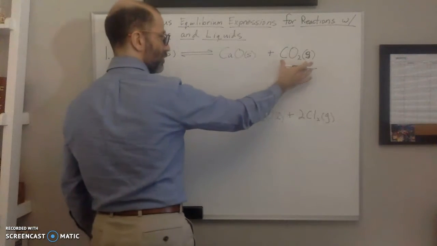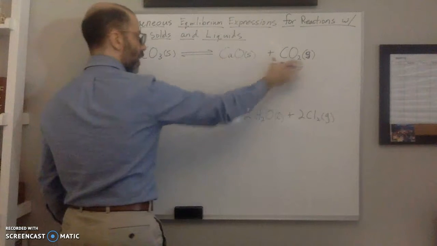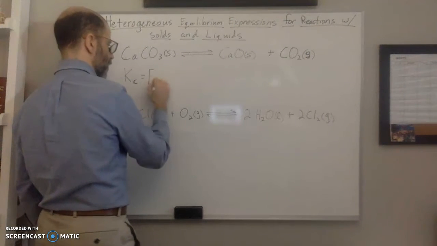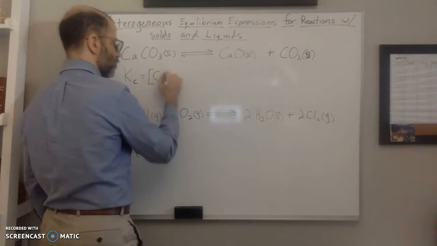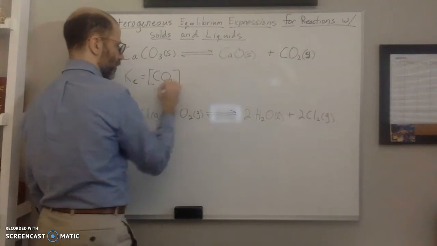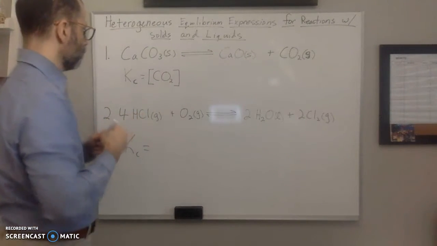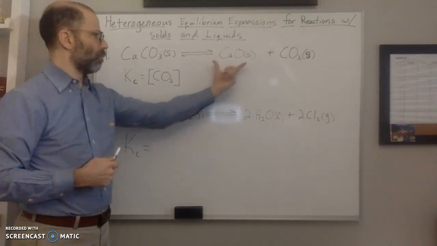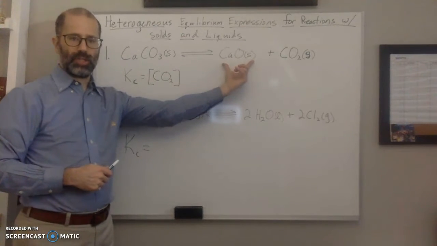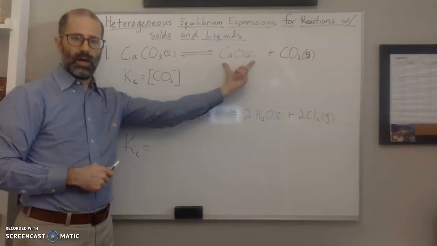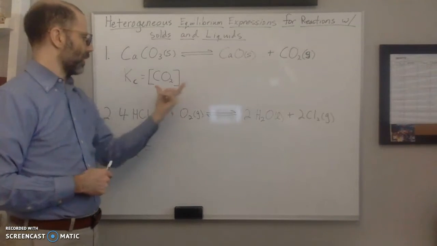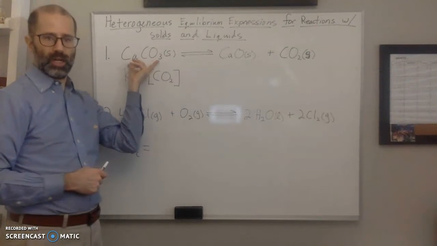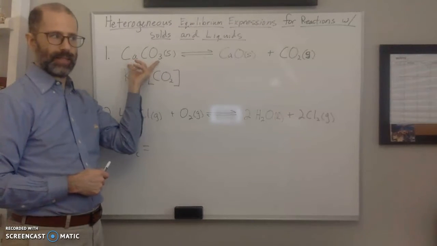So we're going to have concentration of CO2 written here. So CO2 in square brackets to the power of 1. Now, normally we would multiply it by the concentration of the other product and then divide it by the concentration of your reactant or reactants.